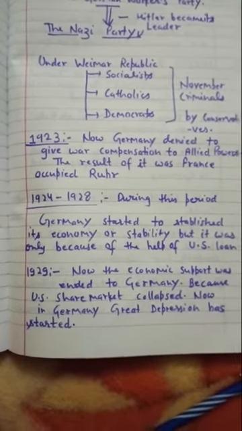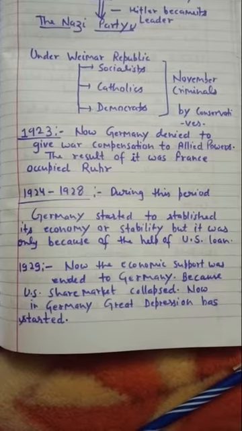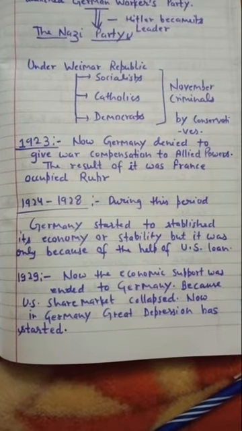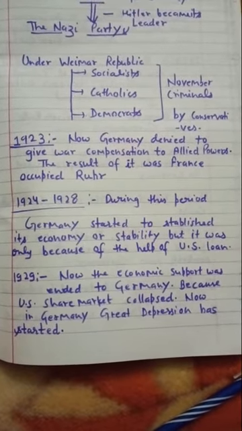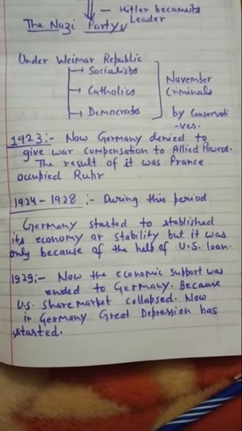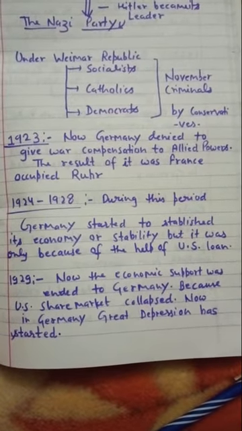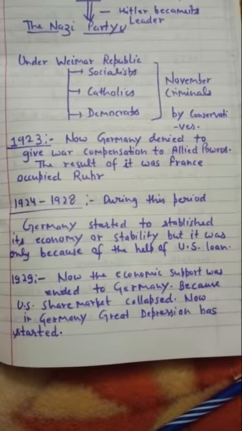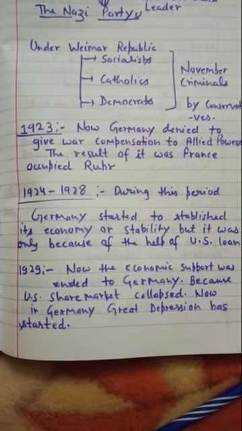But in 1929, the economic support given by the US earlier ended, because the US share market collapsed totally. The US itself was facing a huge fall in its economy.